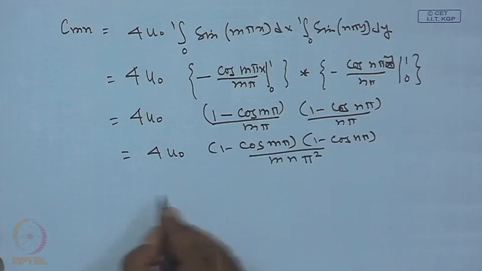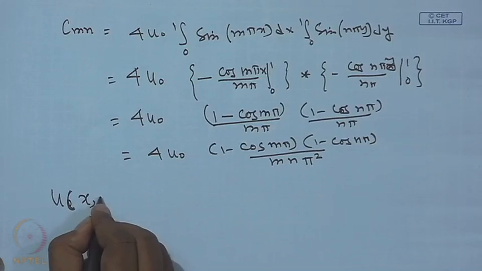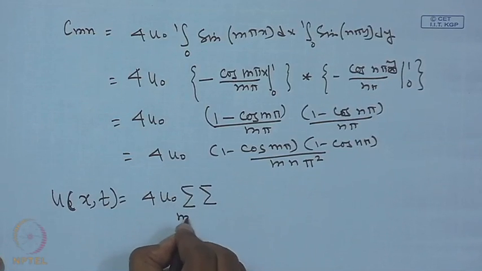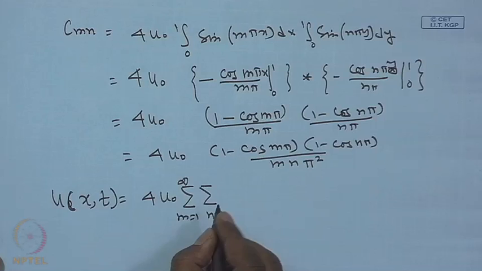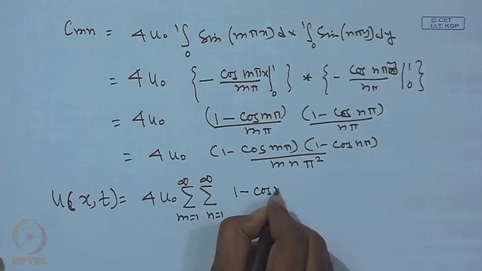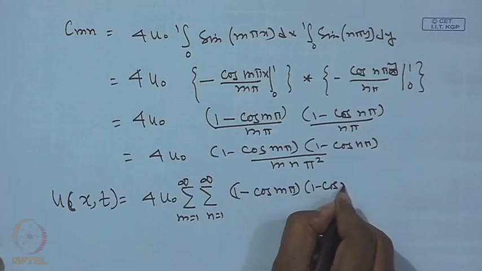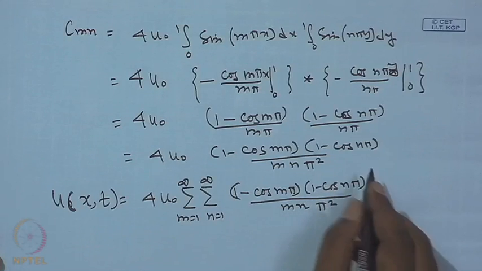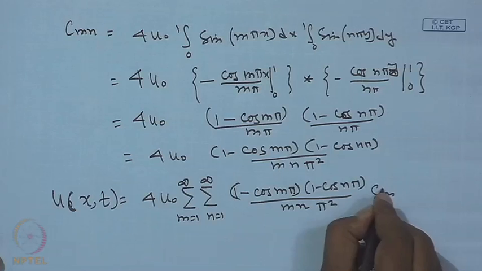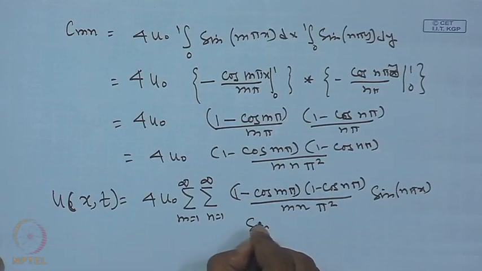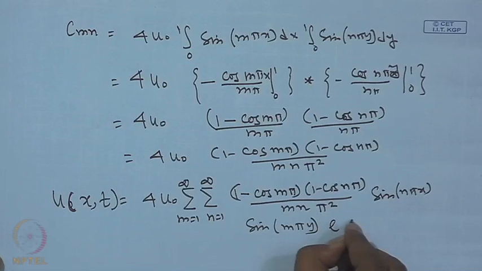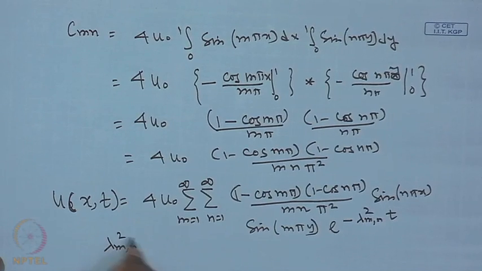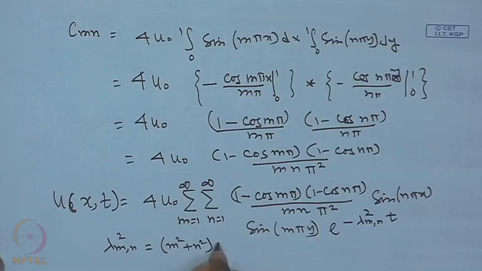So, we are in a position to get the complete solution, u as a function of x, y and time, equal to 4 u naught, double summation, one over m from 1 to infinity, another over n from 1 to infinity, 1 minus cosine m pi times 1 minus cosine n pi divided by m n pi square, sin n pi x sin m pi y e to the power minus lambda m n square times t, where lambda m n square is nothing but m square plus n square into pi square.